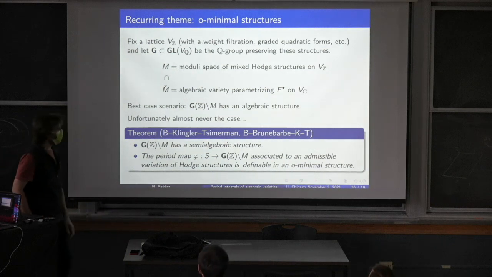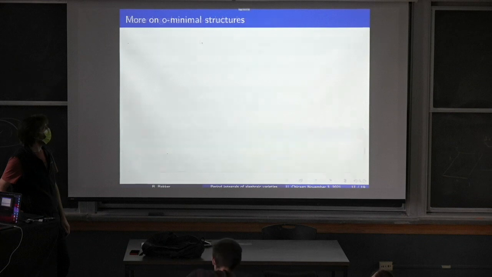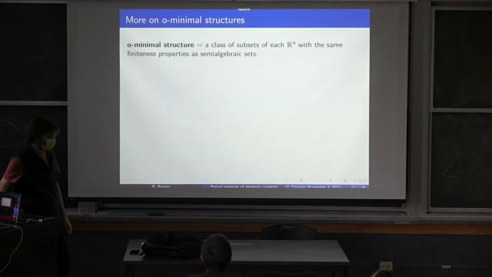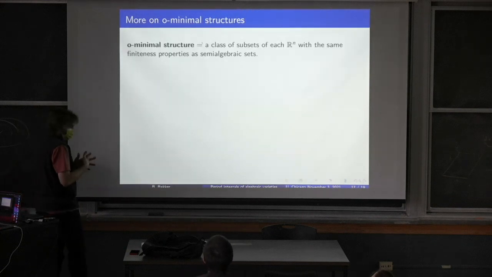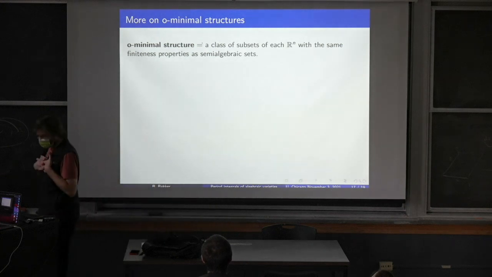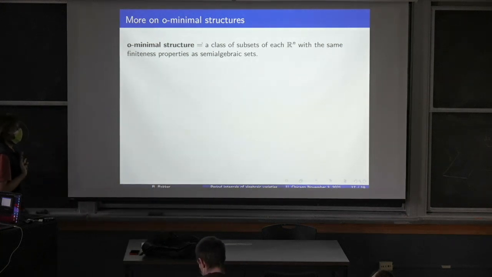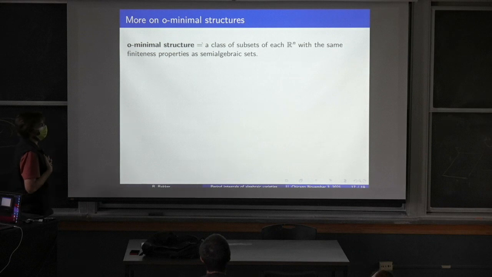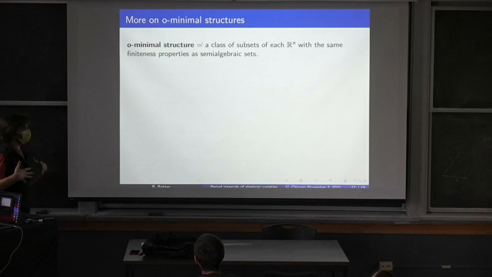Okay, so let me just end by adding this last line, which says that O-minimal structures, in some sense, are classes of sets in R^n which allow for more functions, but still have all the nice properties that semi-algebraic sets have. And there's a well-developed theory here.